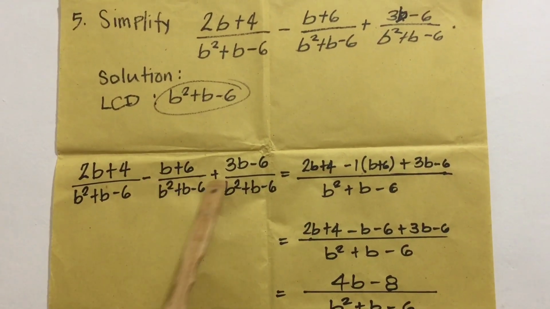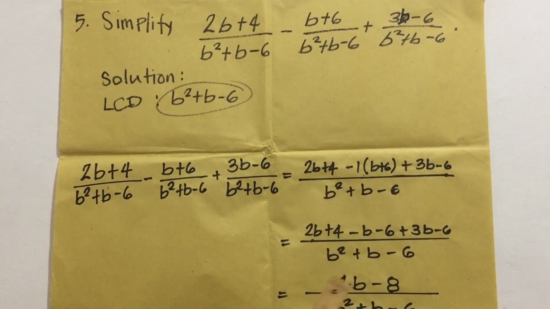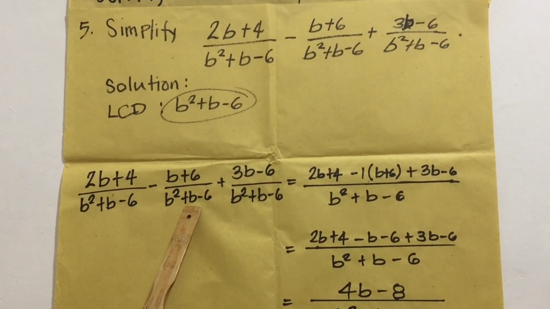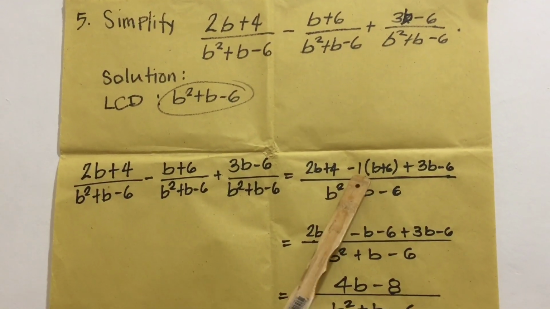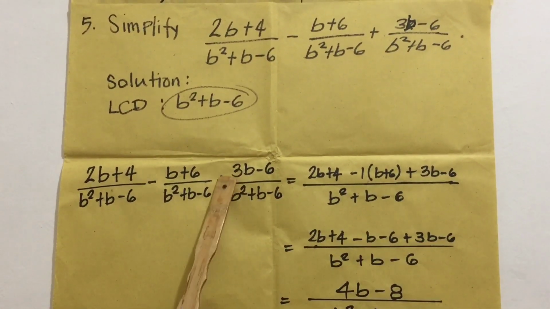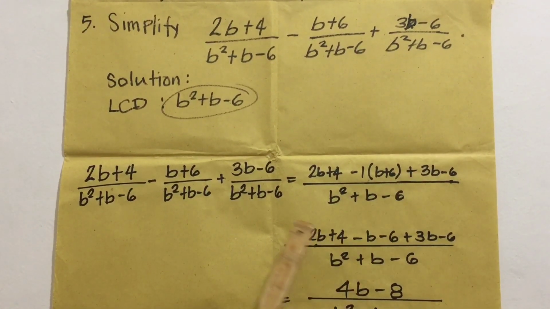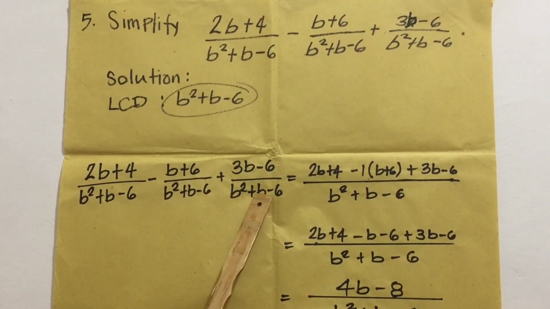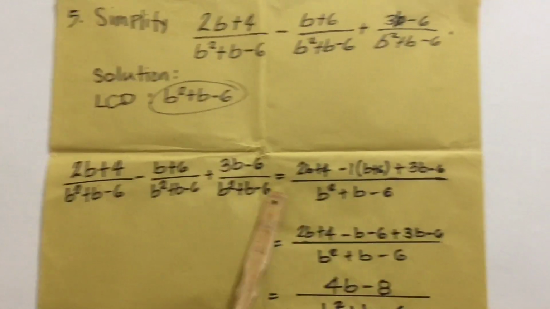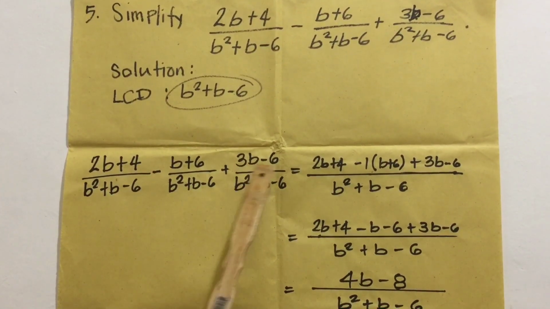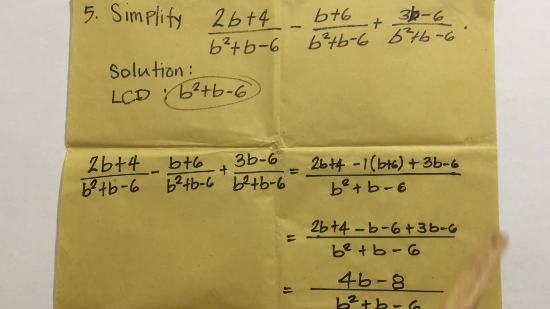Then copying the negative, we divide b squared plus b minus 6 by the same denominator, so the answer is 1, then times the numerator b plus 6. Then plus, we divide b squared plus b minus 6 by itself, so the answer is 1 times 3b minus 6, which is 3b minus 6.